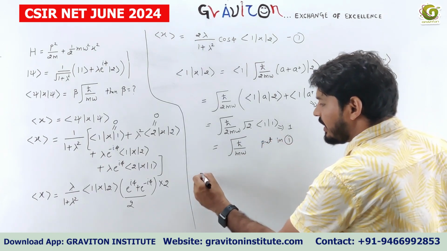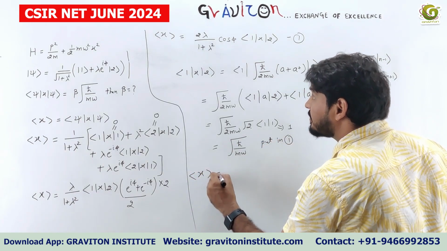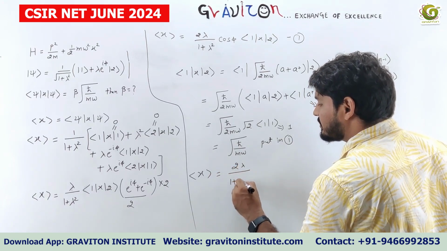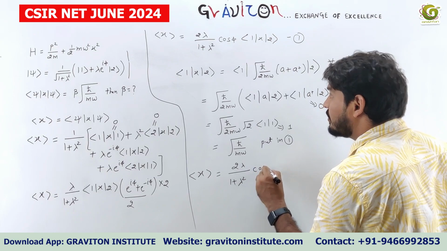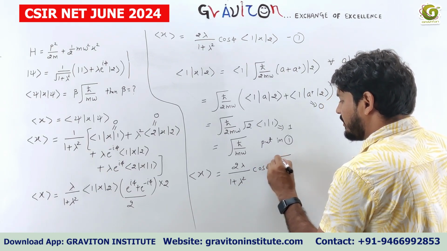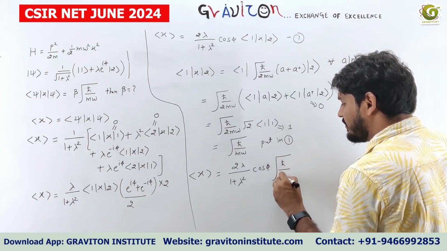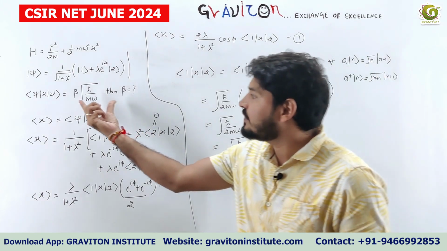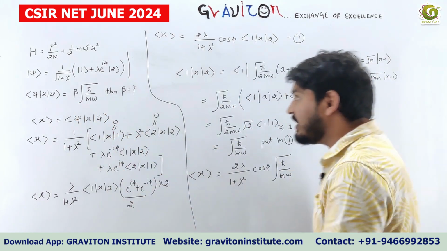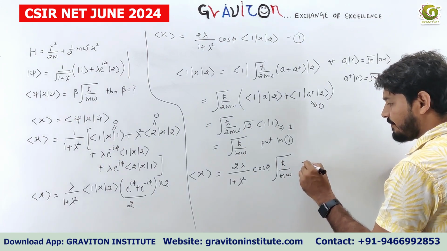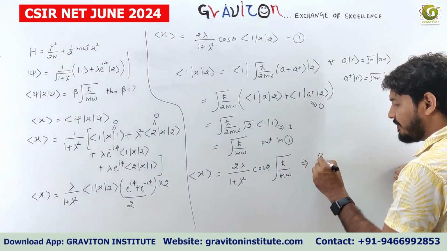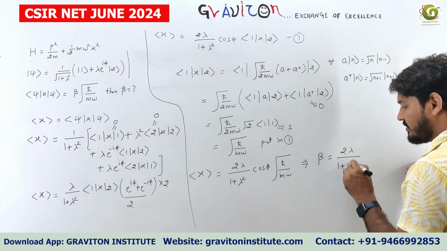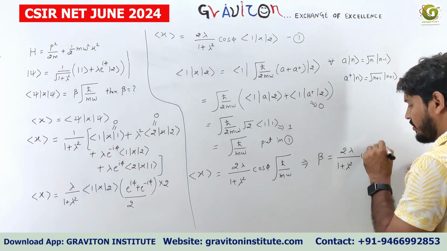The expectation value of x is nothing but 2 lambda over 1 plus lambda square cos phi under root h cut over m omega. Now you can compare this expectation value with the given one. So what is the value of beta? From here I can say that beta is nothing but 2 lambda over 1 plus lambda square cos phi.